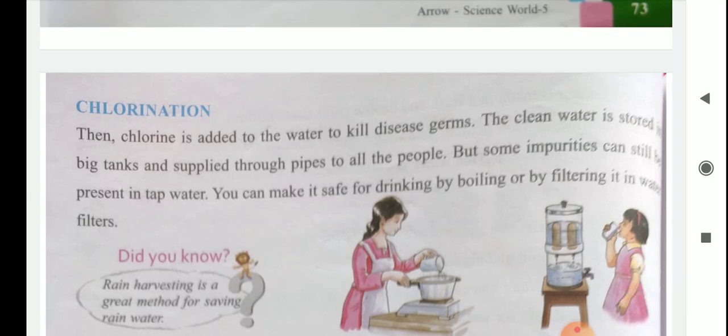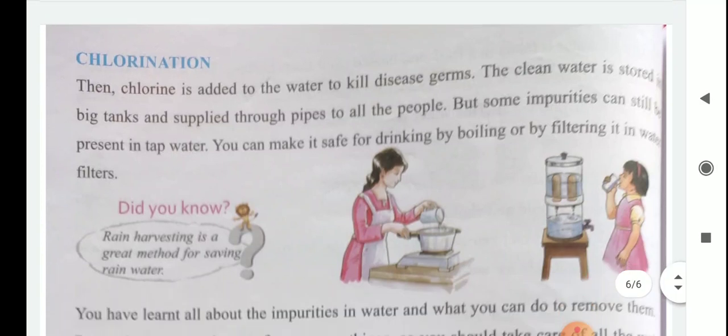We can make it safe for drinking by boiling or by filtering it in water filters. So children, we should boil our drinking water, and we should always use filters for drinking water.